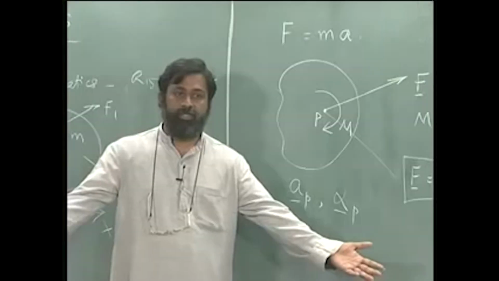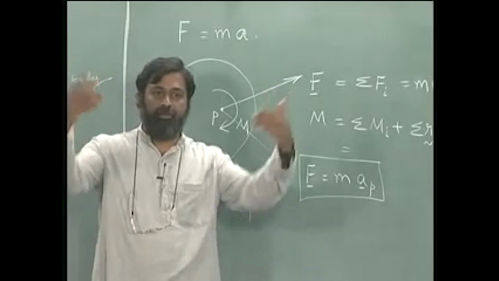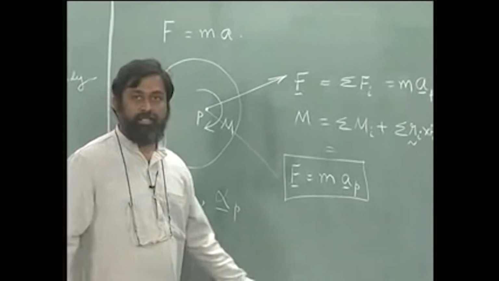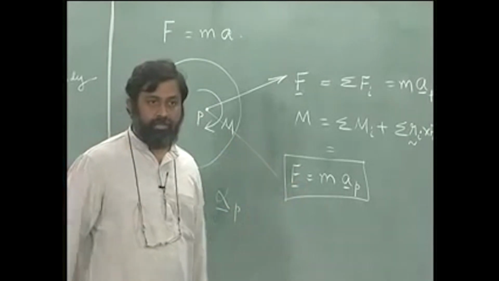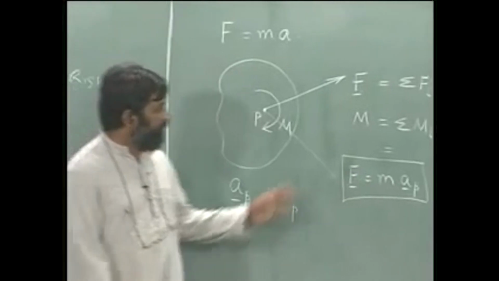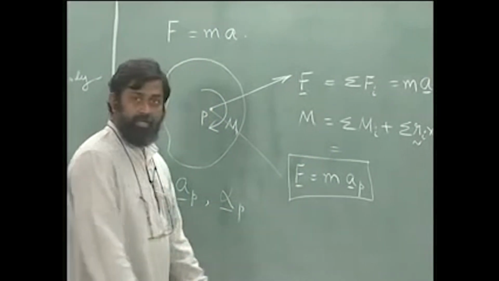How many components? F has 3 components, A has 3 components, which means 3 equations I can write, x, y and z, in a Cartesian system. I am just going to stick to the Cartesian system, so it is easy to talk about all these things. The other is moment. What result do I get?